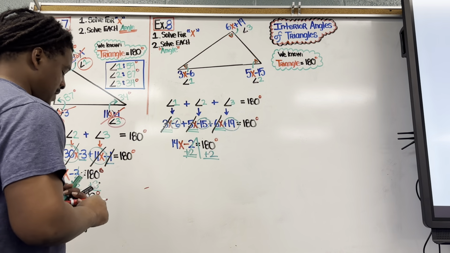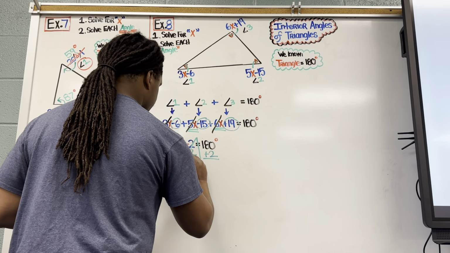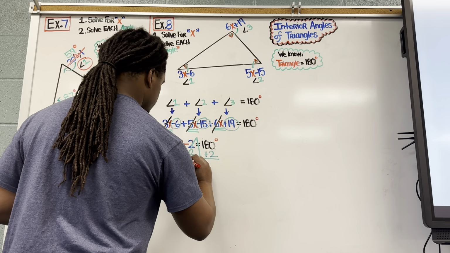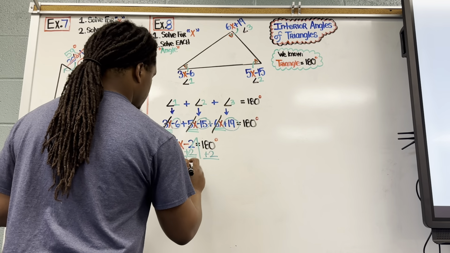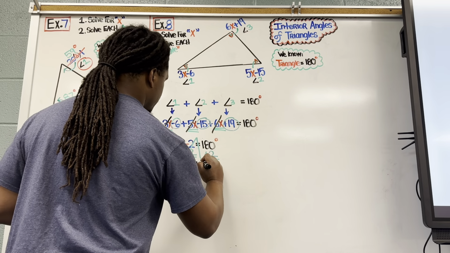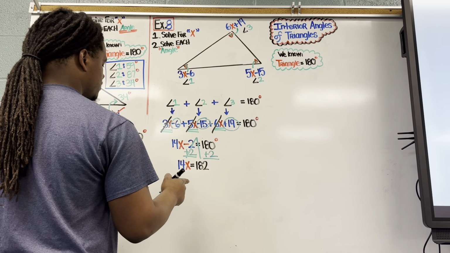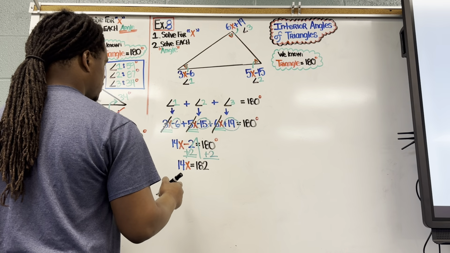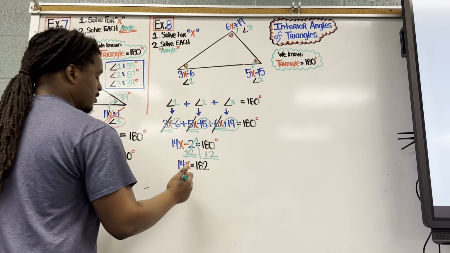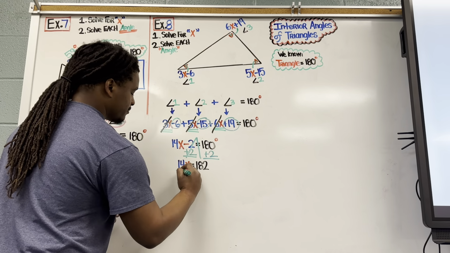Okay, so now we're gonna have 14x equals 182. Okay, I'm trying to think about how many times can 14 go on. Okay, so we're gonna divide both sides by 14.